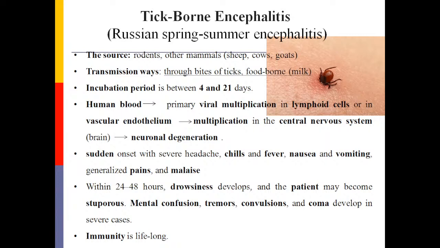Mental confusion, tremors, convulsions and coma develop in severe cases due to degeneration of neurons in the brain. If the patient is alive, immunity is lifelong after the disease.